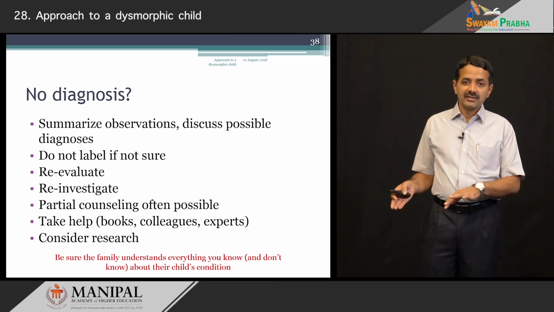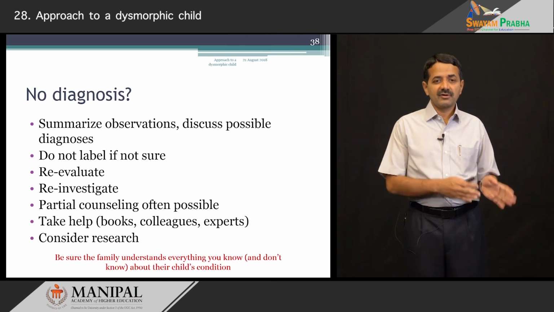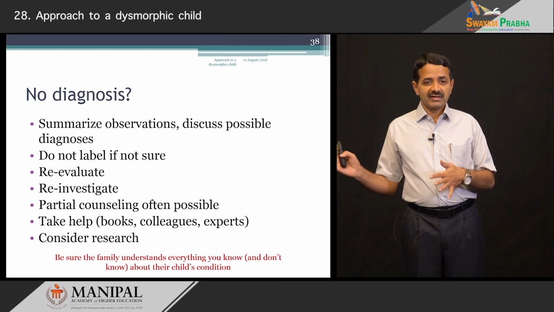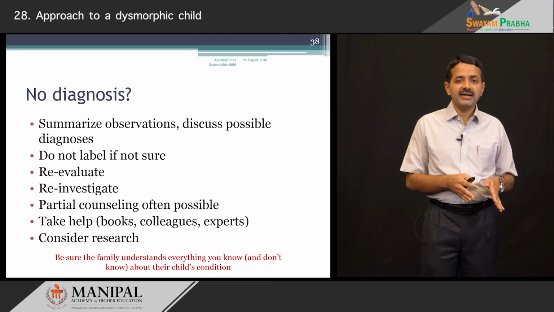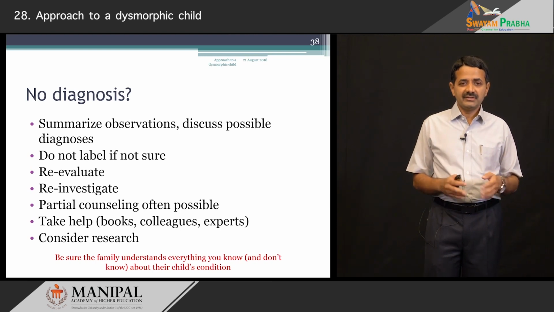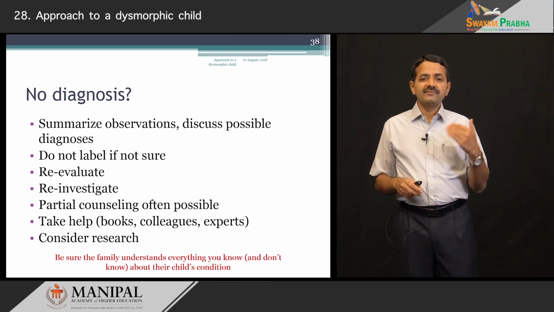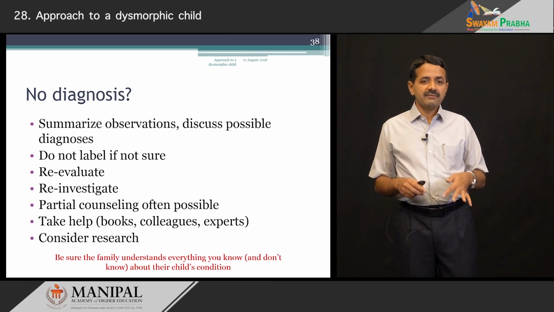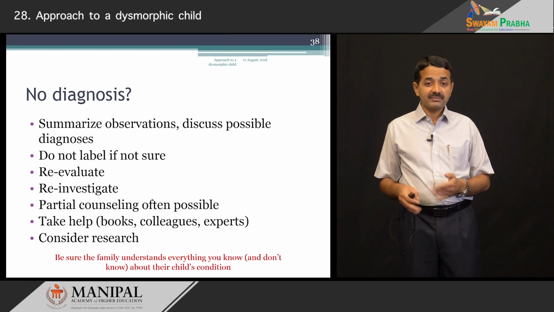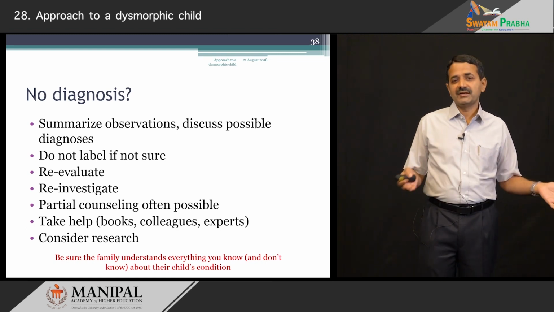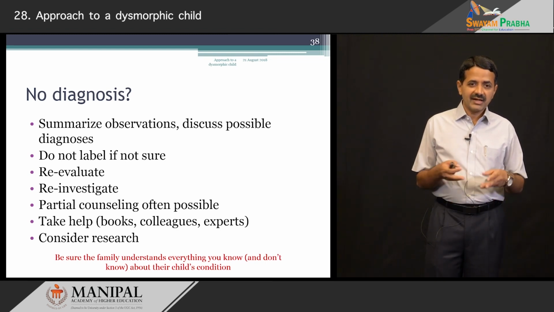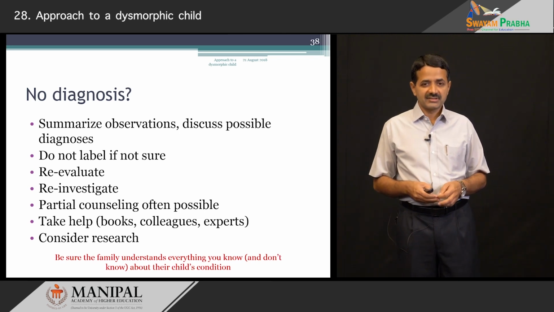So, there is a danger that a wrong diagnosis is carried on for several years. If you do not have a diagnosis, re-evaluate, re-investigate, and call them for subsequent review, maybe after 6 months or 1 year, and probably you may be wiser, or you might have learned about the condition, and then you may be able to make a diagnosis.